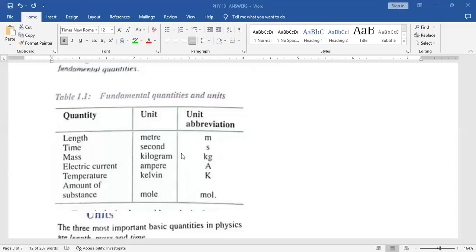In a question like that, the examiner expects us to mention the fundamental quantities, which we have here. Length, time, mass, electric current, temperature, amount of substance. All right. Let's go to the next question.